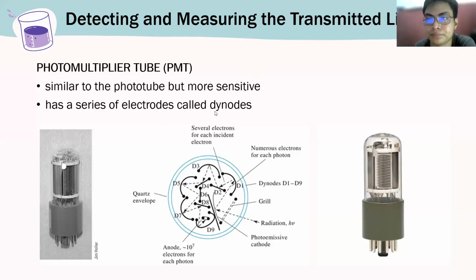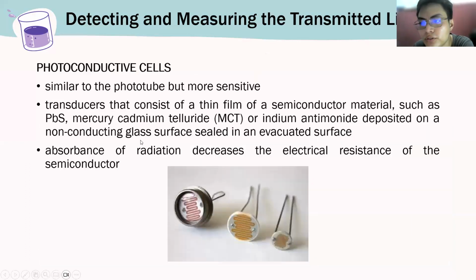Okay. Ano pa? We also have photoconductive cells. Okay. So para siyang phototube, but this works like parang solar panel naman siya. So it's a flat thing. When the photon hits that, yung electron, it flows on the surface. So again, parang solar panel lang. So this is more sensitive, pero I'm not sure if ito yung currently ginagamit na.